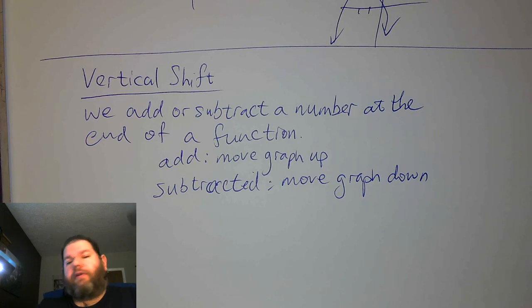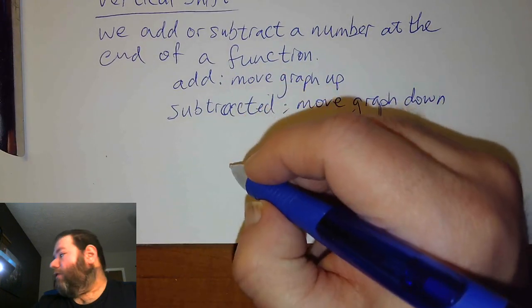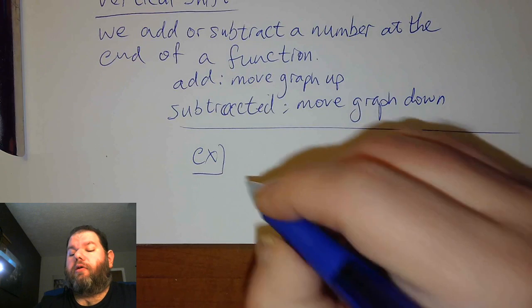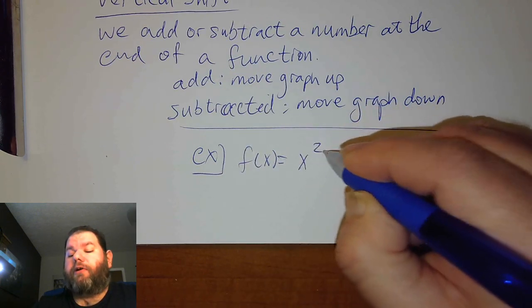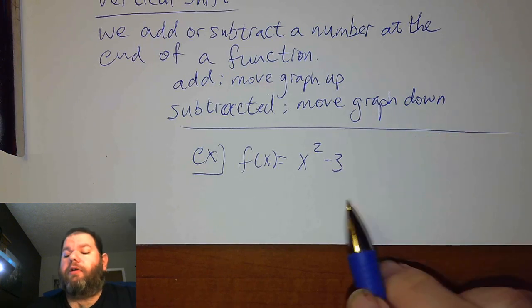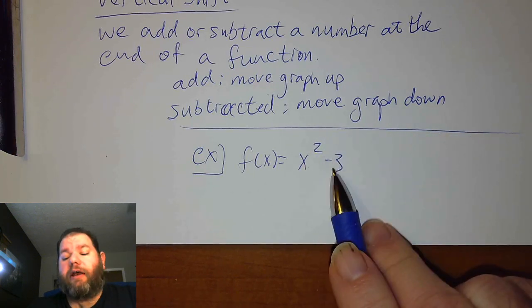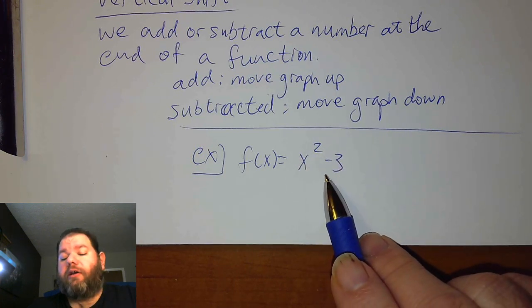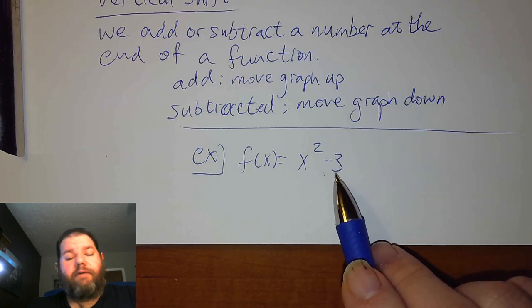Okay, so just as a very basic example to start off with, if we have f of x equals x squared minus 3. Well, we have basically the equation as x squared, but after that, at the end, so when we say at the end it's separate from the x squared, we have a minus 3 subtracted. Because it's a value that's subtracted, we know it moves down 3 units.